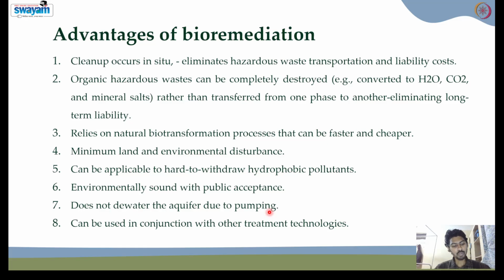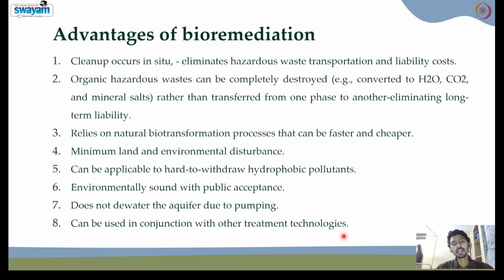And the last and most important advantage is that they can be used in conjunction with other treatment technologies. As we have discussed earlier, along with the biological treatment, some simple physical and chemical treatment can also be integrated in order to speed up the progress of the bioremediation.